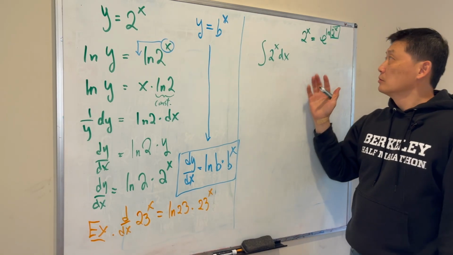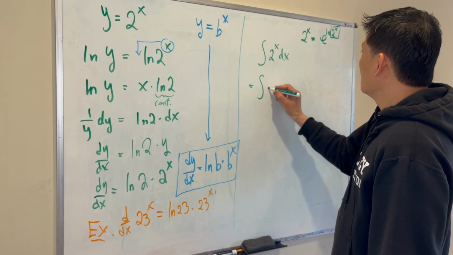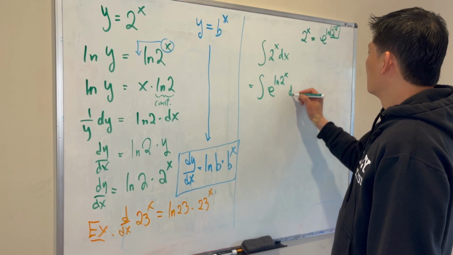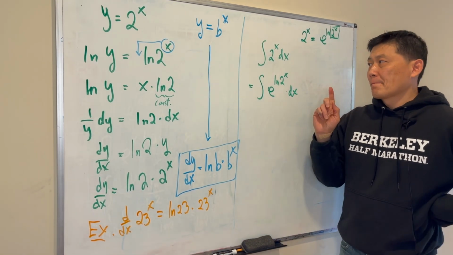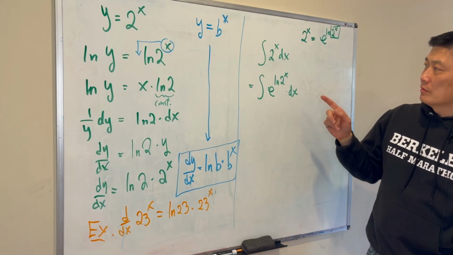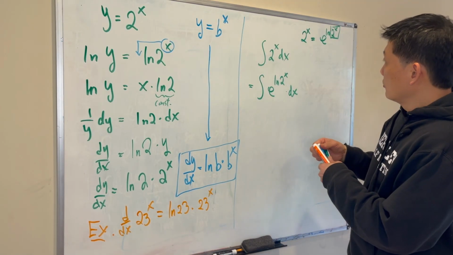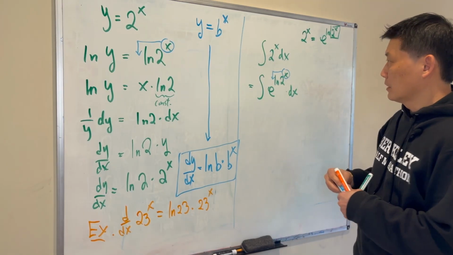So we can actually rewrite this as the integral of e to the ln 2 to the x dx. Now, why is this important? Let me just show you in a bit. What I can do is then take this x and put it in the front again.